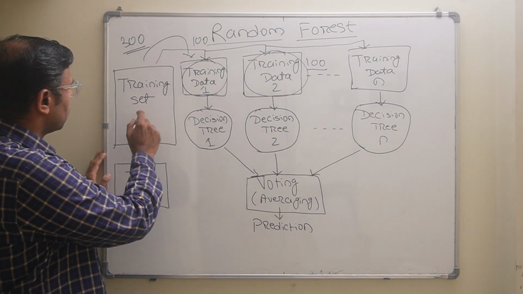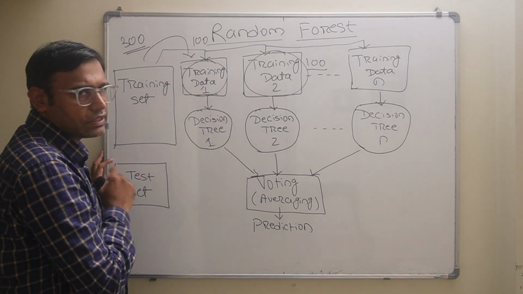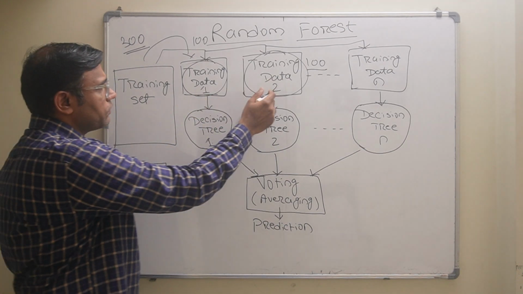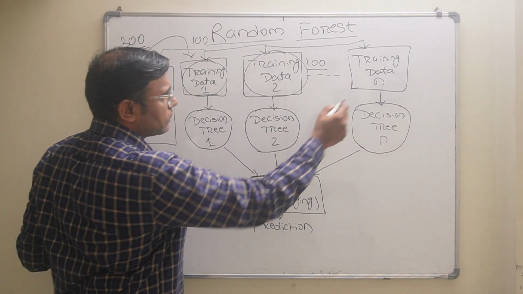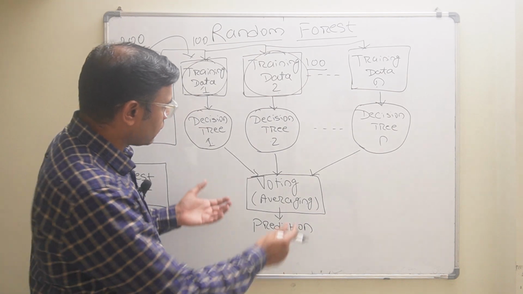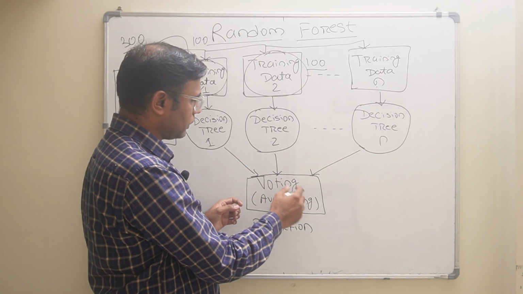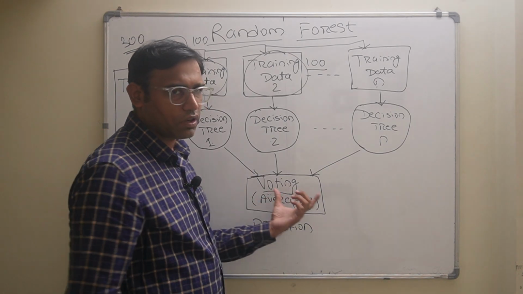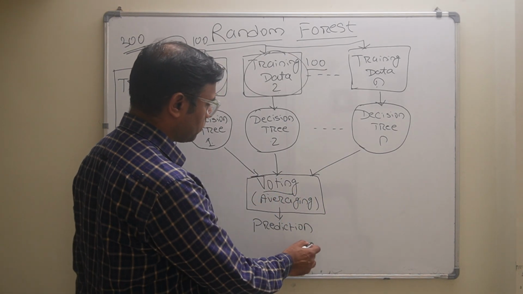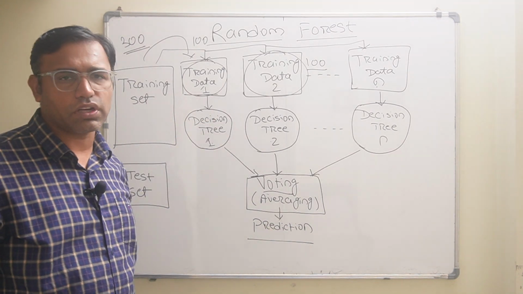So here assume that from training data 1, decision tree 1 is constructed, then from training data 2, decision tree 2 is constructed, then from training data n, decision tree n is constructed, and then the output of all the decision trees is considered, and voting or averaging is taken, and based on that the prediction will be considered. So this is how the random forest algorithm works.